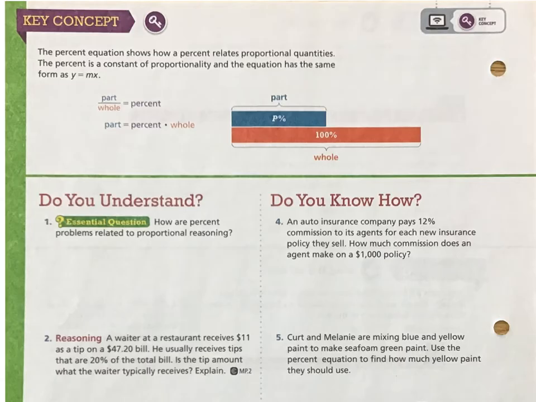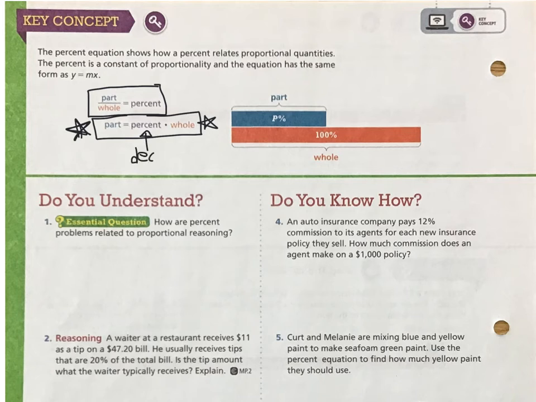The key concept reminds us what our percent proportion looked like and what our percent equation looks like. The percent equation is the one that we are going to use most frequently. And what we need to remember is that this percent number in our equation must be in decimal form.